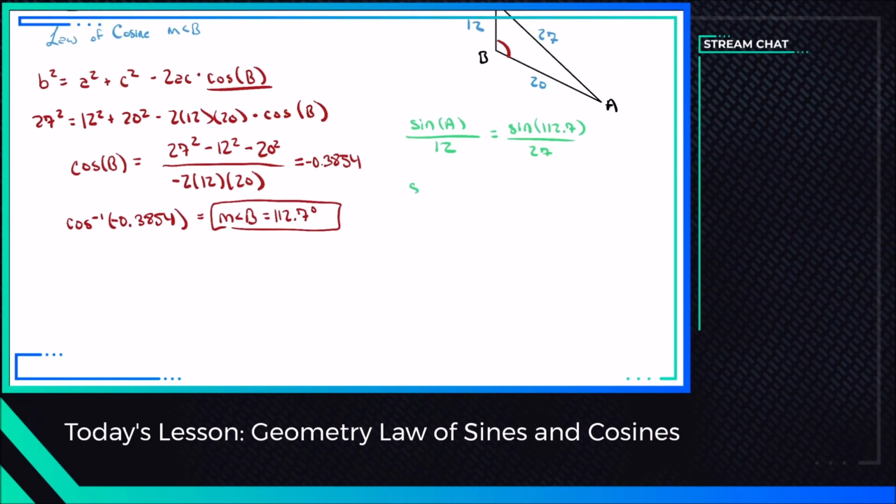So the sine of A is going to be equal to 12 multiplied by the sine of 112.7 divided by 27. And you're going to get an answer for that. Plug that into your arc sine or the inverse sine and get the measurement of angle A is approximately 24.2.